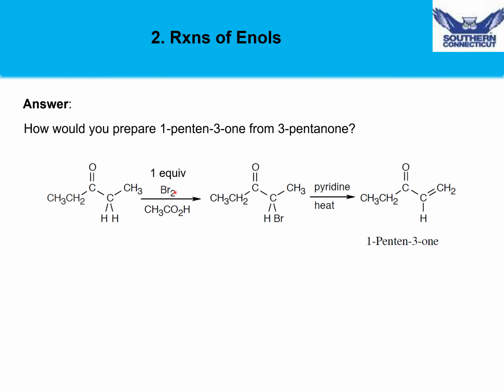So we could add one equivalent of Br2 and acetic acid to replace one of the alpha hydrogens with bromine, and then treatment of this product with pyridine and heating will result in an elimination reaction that leads to a double bond between the alpha carbon and the beta carbon as seen in 1-pentene 3-one.